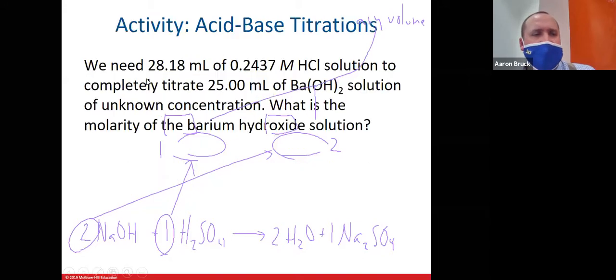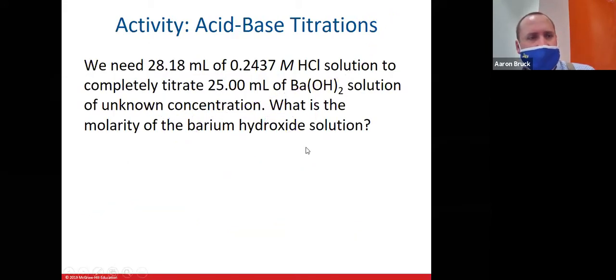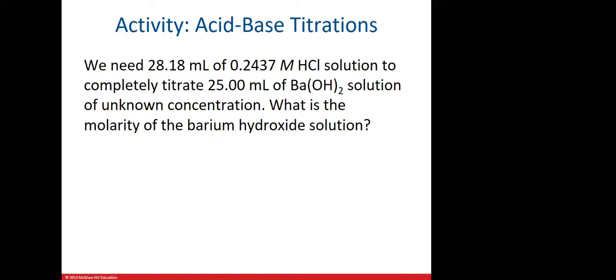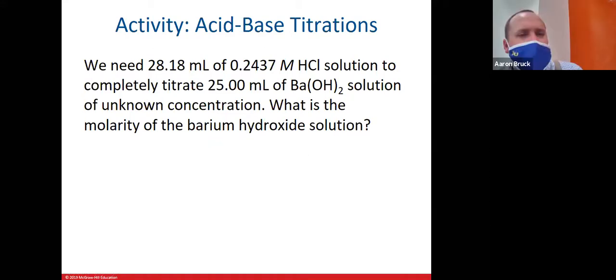All right, let's look at a couple of examples. We need 28.18 milliliters of a 0.2437 molar hydrochloric acid solution to completely titrate 25 milliliters of a barium hydroxide solution of an unknown concentration. What is the molarity of the barium hydroxide solution? All right.